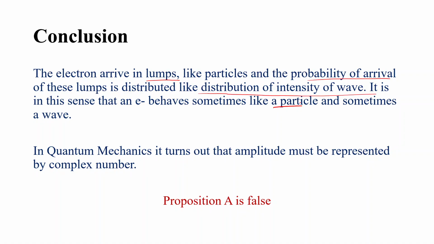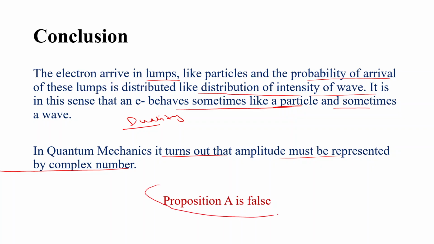It is in this sense that an electron behaves sometimes like a particle and sometimes like a wave. So in quantum mechanics, it turns out that amplitude must be represented by a complex number, which I already mentioned. But for now, our proposition is false.